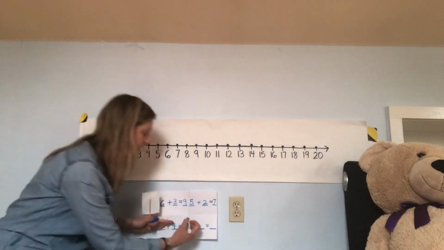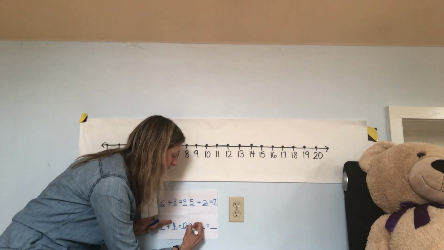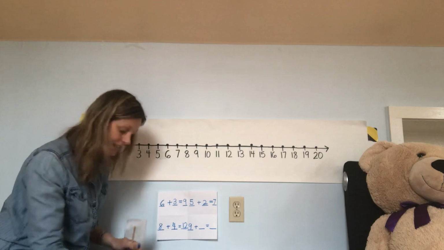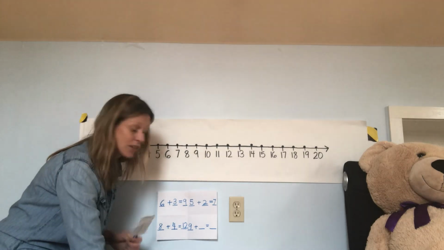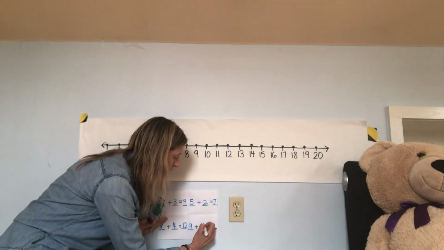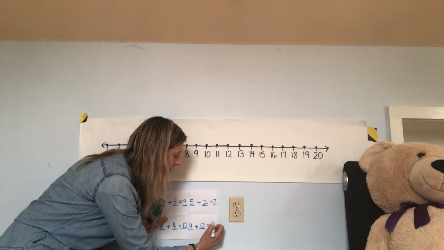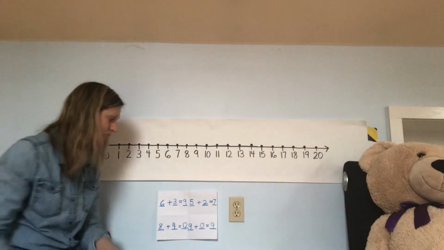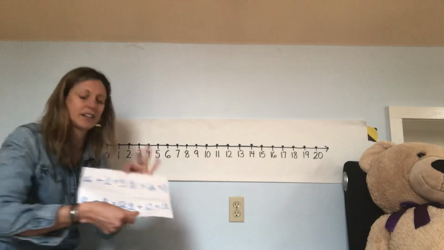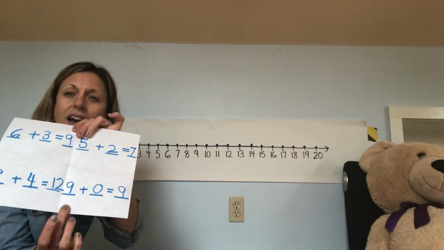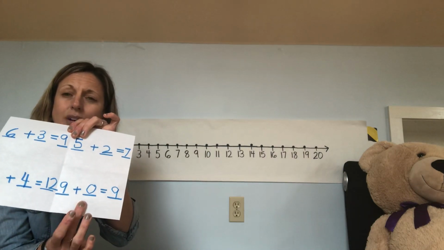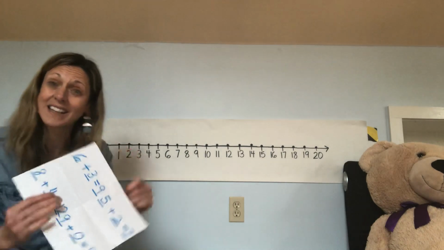Let's write the number sentence. 9 was the first number. Our second number was 0, and that equals 9. Let's read that number sentence together. Here it is down here. 9 plus 0 equals 9.